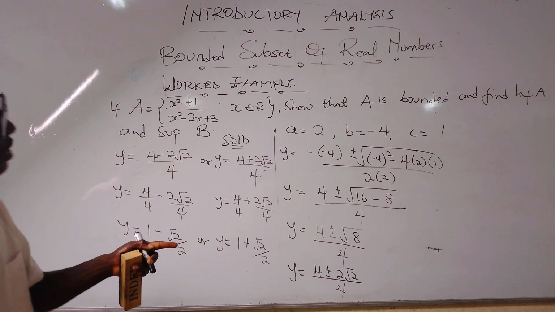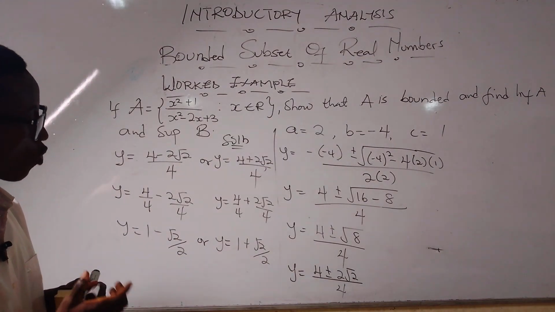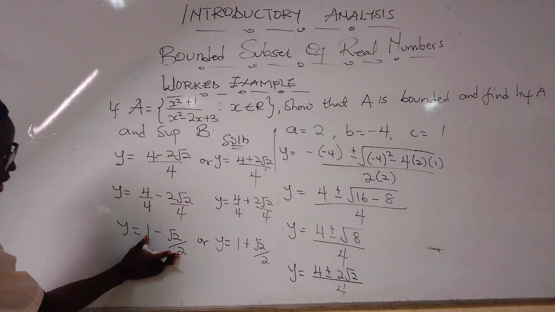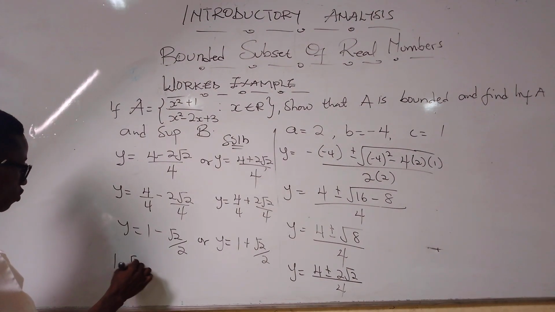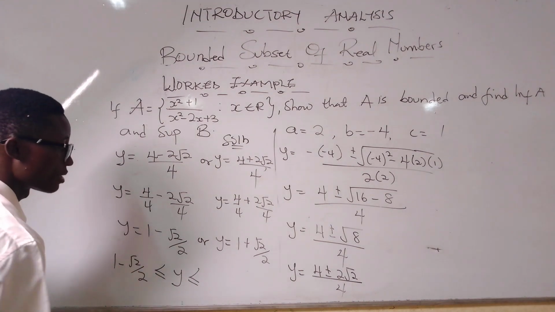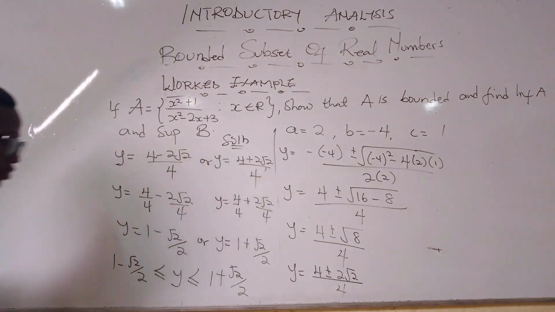But we said that y is less or equal to 0. We are not using equal sign. So in short, 1 minus root 2 on 2 is less or equal to y, and the same y is less or equal to 1 plus root 2 on 2.